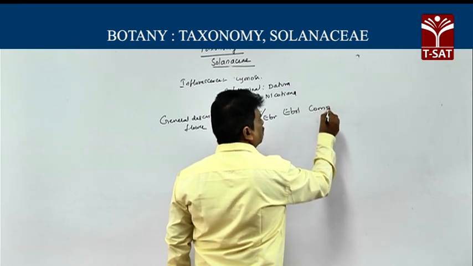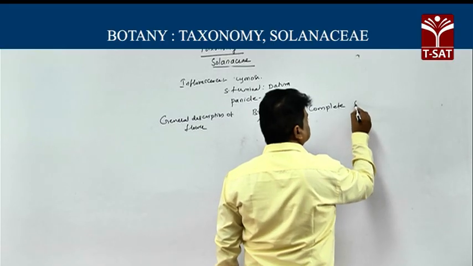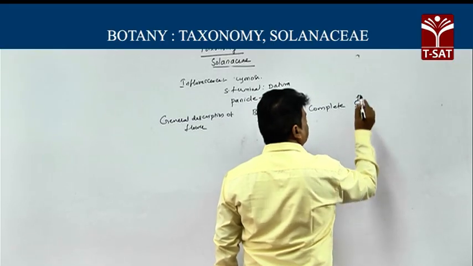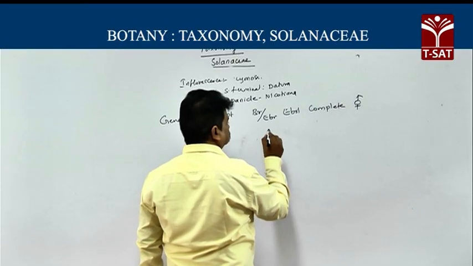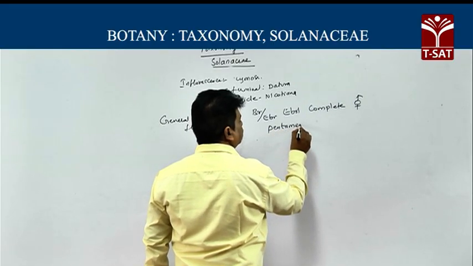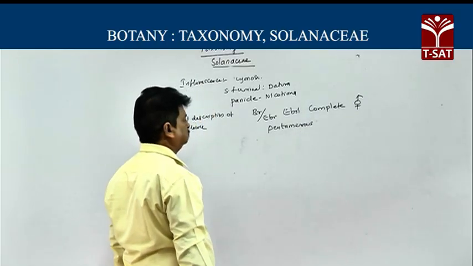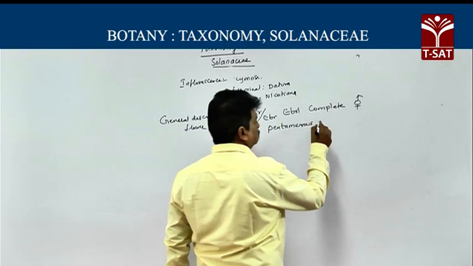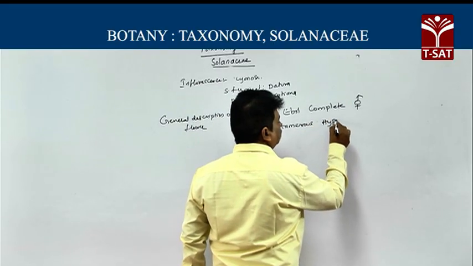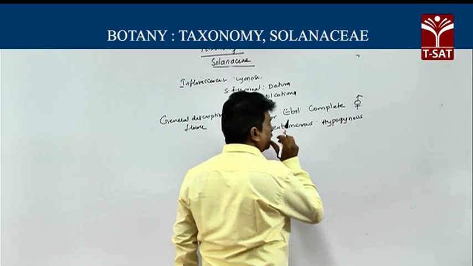Then all 4 floral leaves present, complete. Then bisexual. Then pentamerous, sepals and petals 5. Then hypogynous, superior ovary.